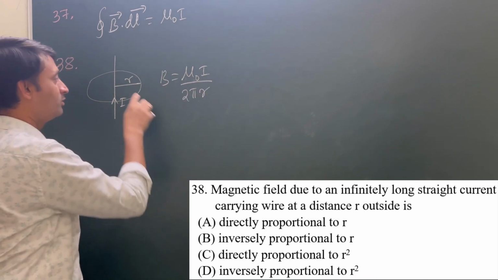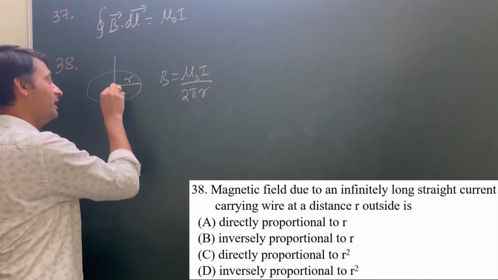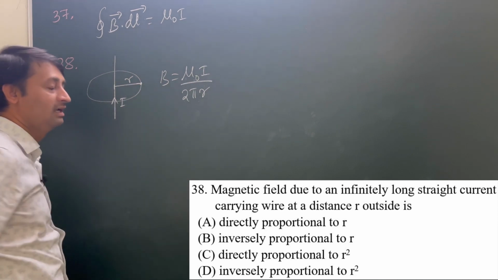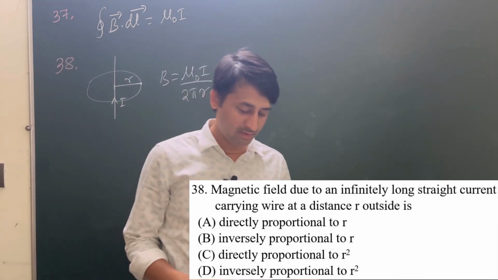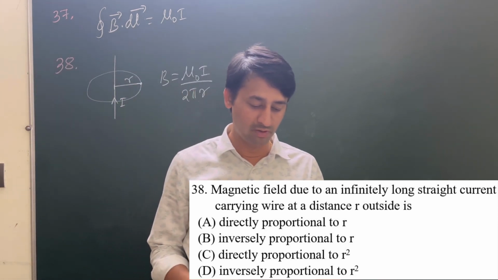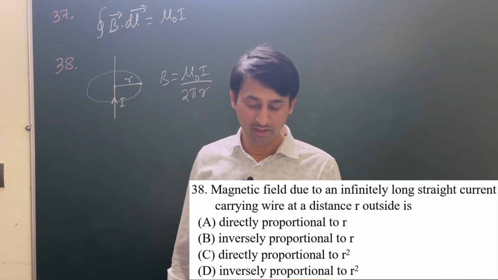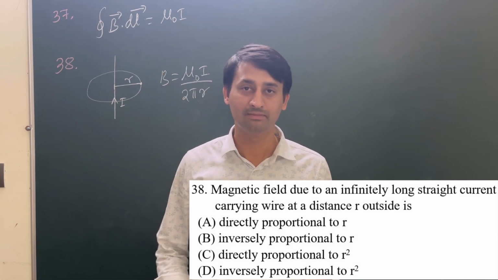It is inversely proportional to the distance from the wire to the point where we are finding the magnetic field. That means it is inversely proportional to r. Option B is the correct answer.